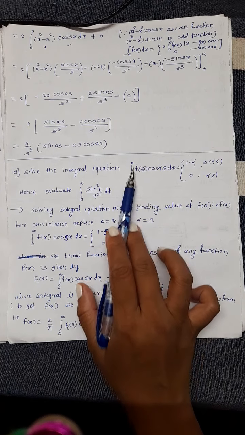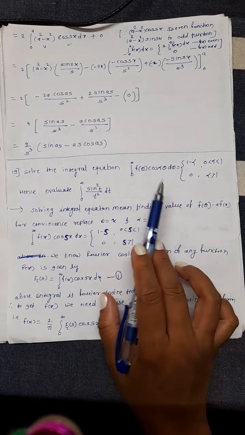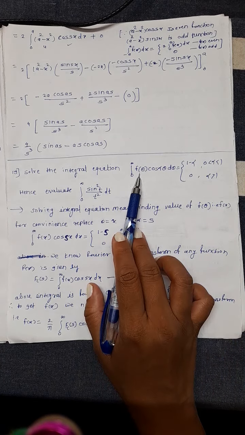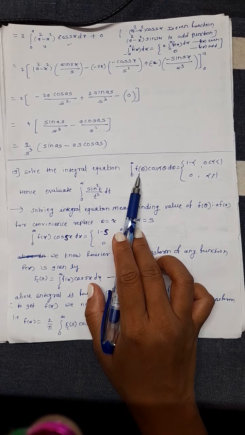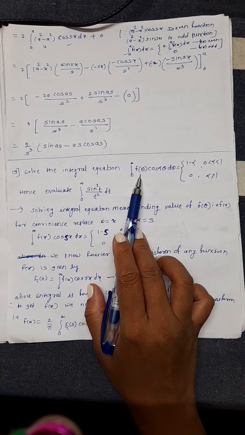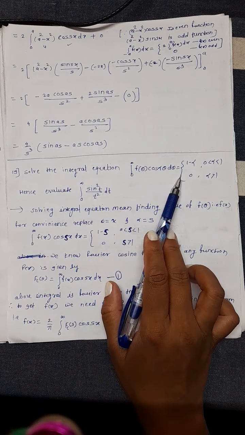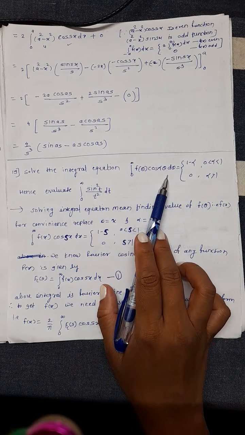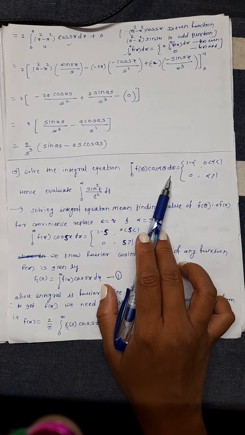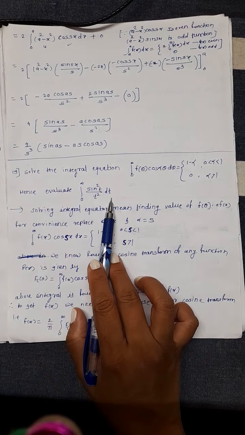That means from this given information we have to find f of theta using Fourier transform formulas and different properties. And whatever answer we get from this question, using that only we have to evaluate this integration.